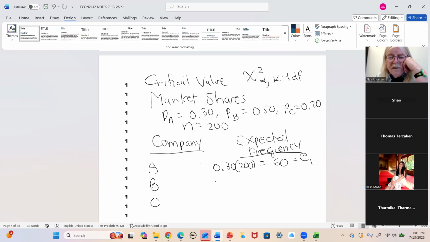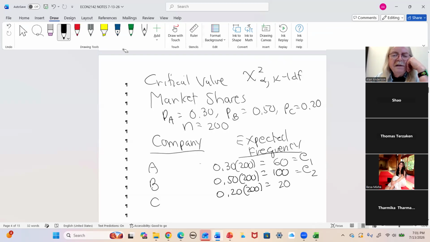That will be defined as E1. Oh, sorry, that's 40. What am I doing?